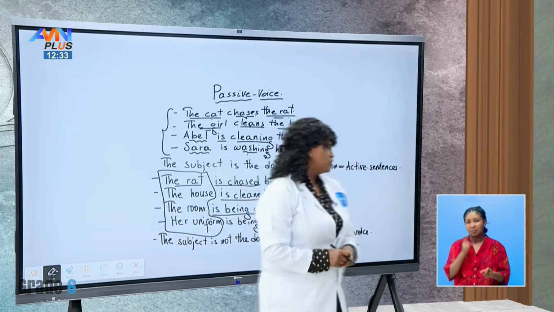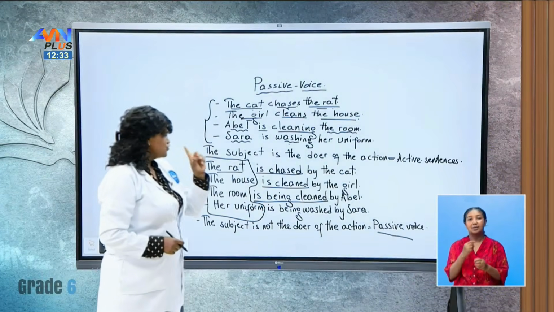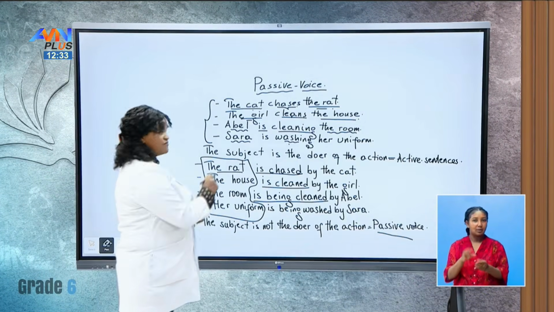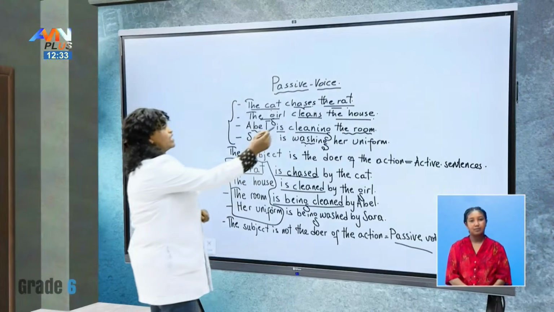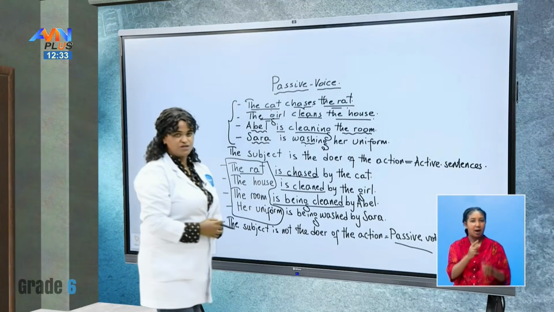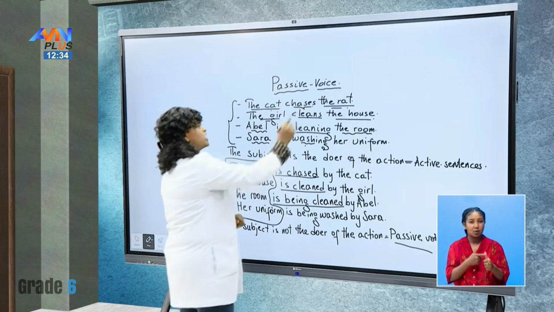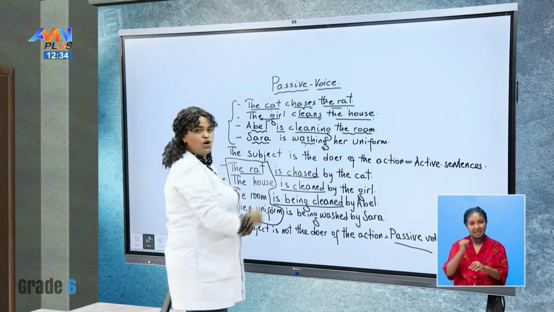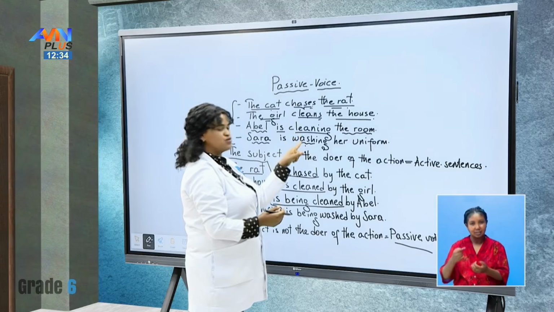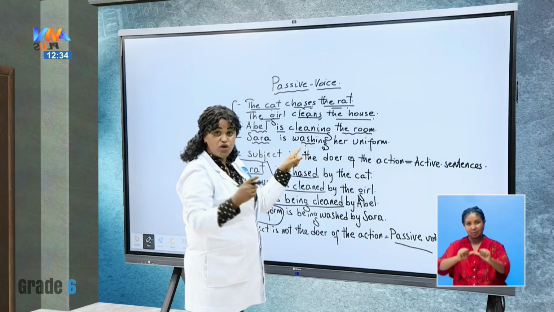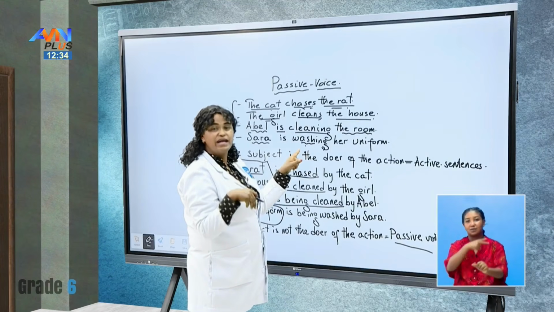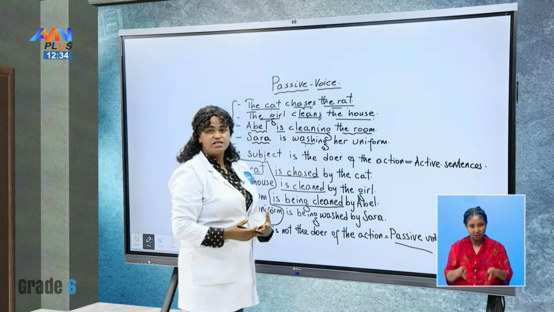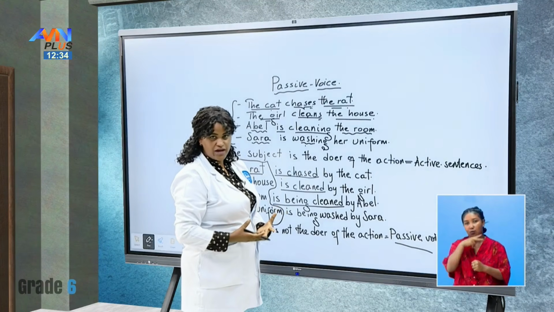Have you got the difference between passive voice and active voice? I'm sure you do. I want you to focus on one more thing, yeah? That is the verb. Look at the verb in the active sentences: chases, cleans, cleaning, washing. The last two are present continuous, so we use a progressive verb, which is verb ing, yes? And the first ones are simple present, so it is a base verb or verb one, right?